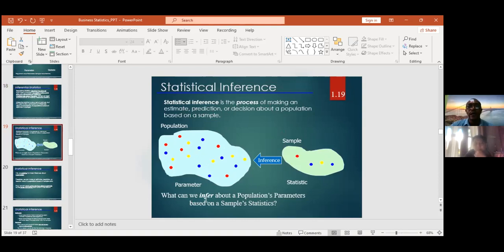What can we infer about a population parameter based on a sample statistic? Doing this with the whole population would be time consuming, but focusing on this small part is easier to do. So once we use this sample, we can generalize. So we save a lot of time and we also save cost.